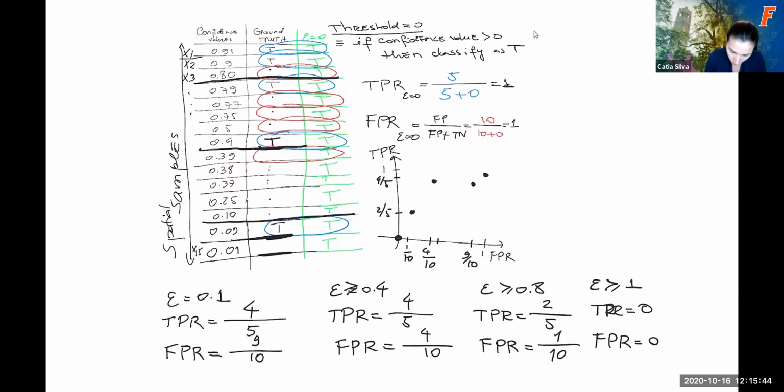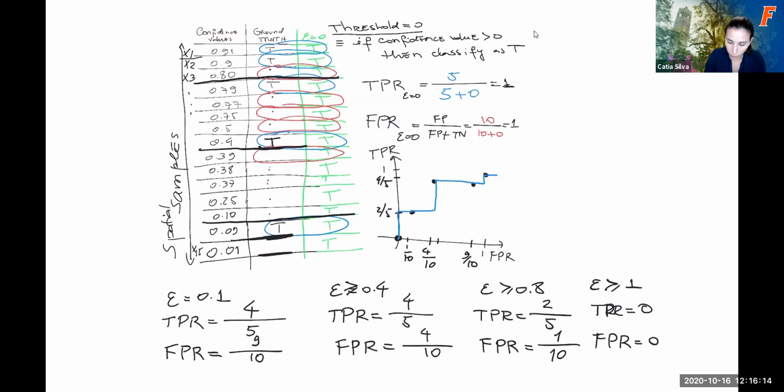And so we can build our ROC curve like this. So we have this point until we don't see a new observation, we hold it constant, like this. Like that. Okay, and it's bounded at 1.